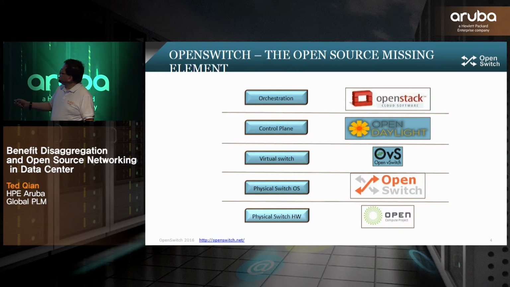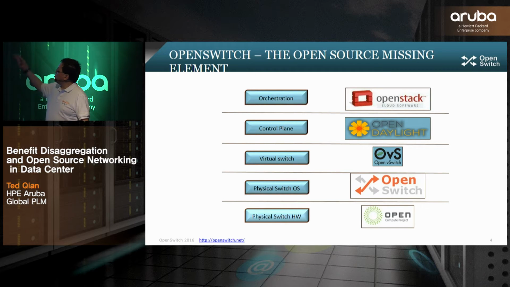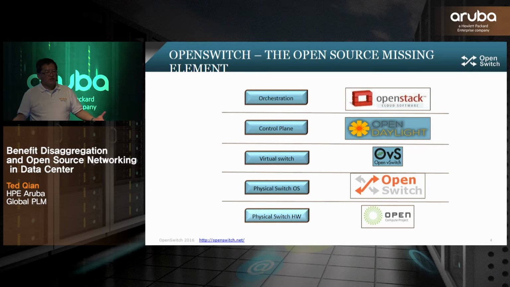Now, coming back to OpenSwitch, the physical switch OS. You look at the data center, open source components everywhere, from OpenStack, OVS, OpenDaylight, and OCP. And you say, why do we need OpenSwitch? Well, it turns out the important piece of the data center is the switch, connecting all the servers together, providing east-west traffic as well as north-south traffic going out.